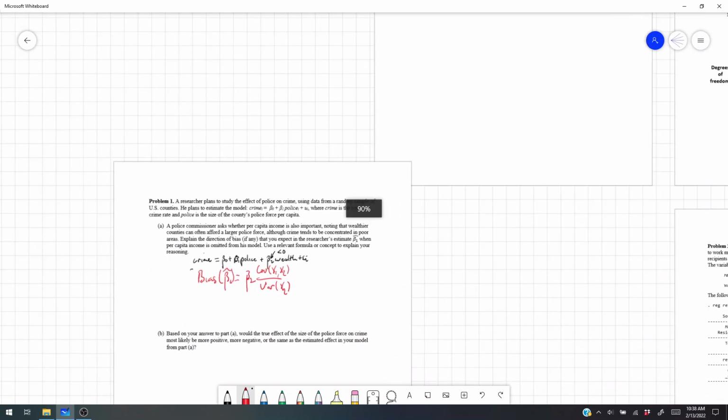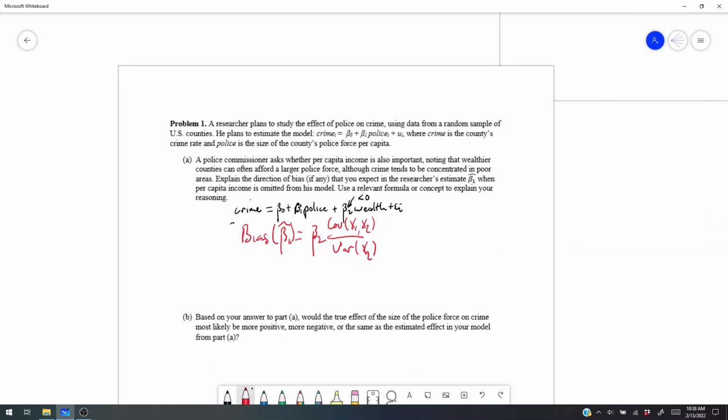Variance of x1 doesn't matter because they're both positive. Variance of something. So beta 2 is negative. Covariance of x1 and x2 is the relationship between wealth and police, which I believe in this case is more wealth means more police. So this part is positive, greater than 0. This part is negative, less than 0. So bias is negative.